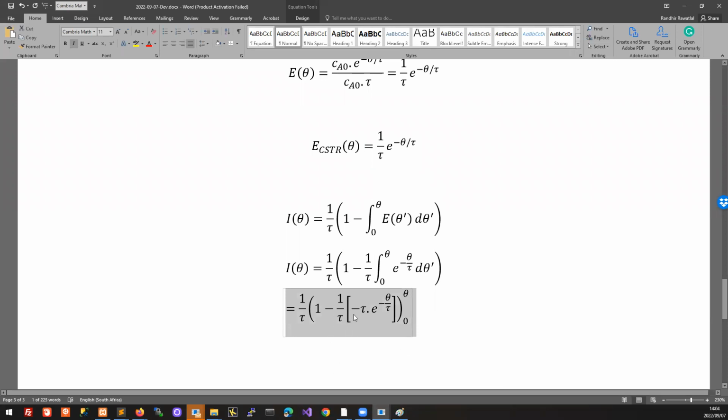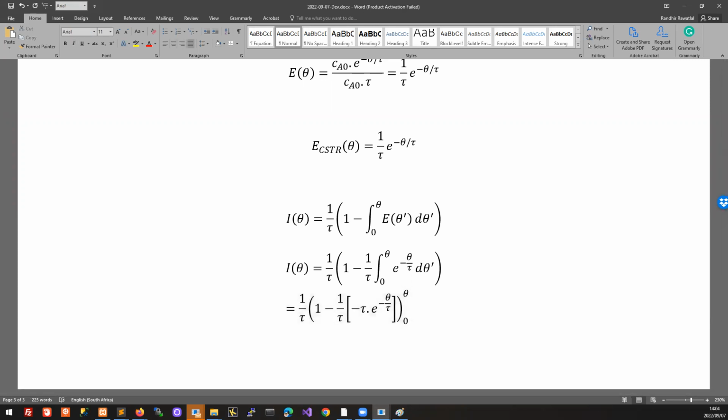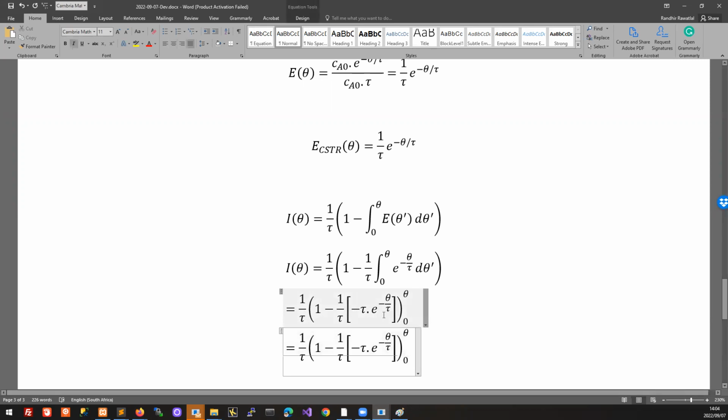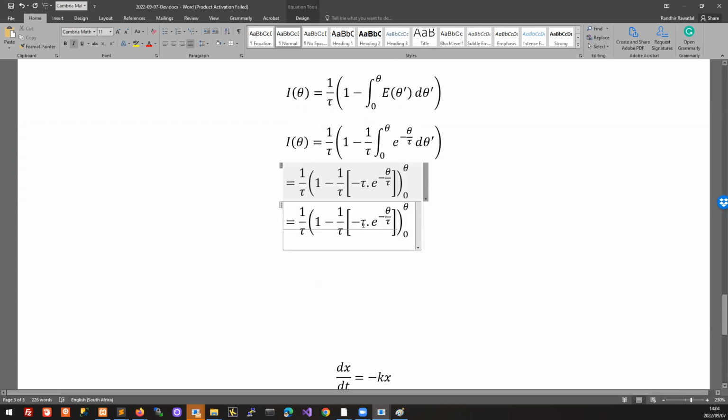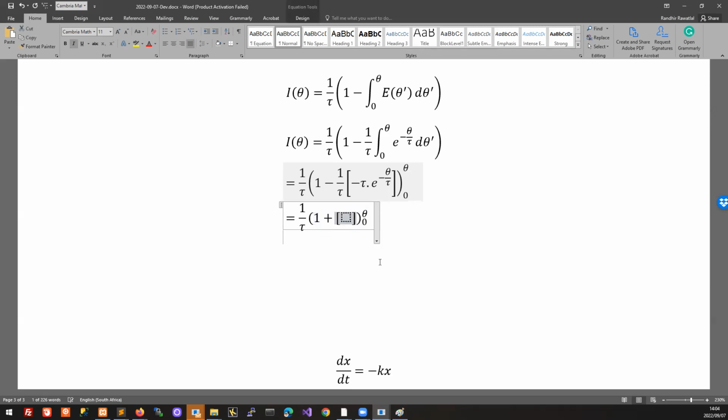Well, first off, yeah, we can simplify things a little bit. So this minus 1 over tau and tau, this can become a 1 plus this. And so it's simply equal to that. So that's what we have here.